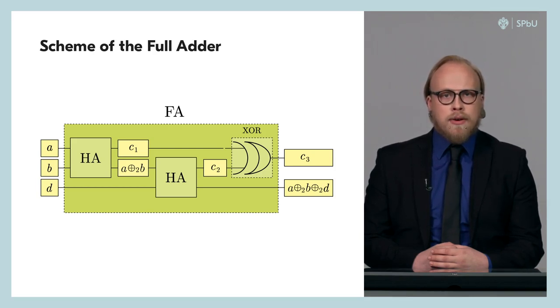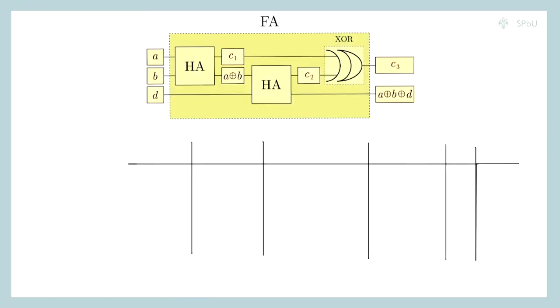Having a truth table for the half adder and for the XOR element, let's write down a truth table for the full adder. To do this, we firstly introduce the time scale. So the moment t0 is input, the moment t1 is after the first half adder, the moment t2 is after the second half adder, and t3 is the result.